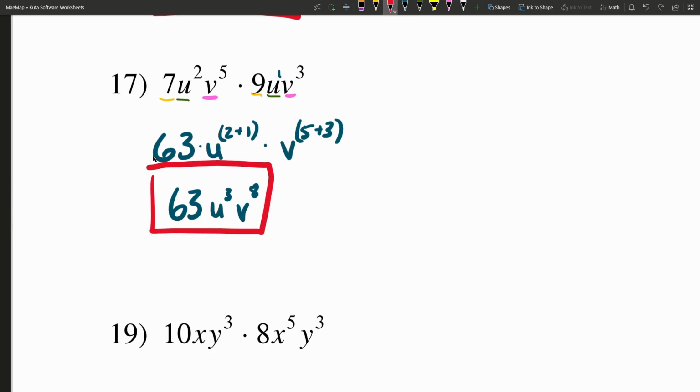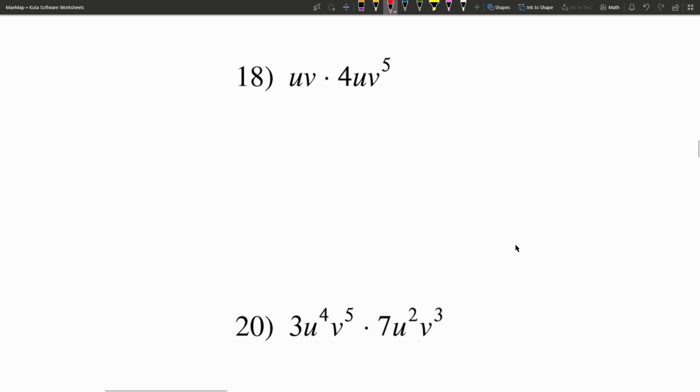That is number 17. Number 18, what are my different bases? Well, I have a u, I also have a v, and I have a coefficient of 4. So this is going to be 4 times u to the 1st times u to the 1st is u to the 1 plus 1.